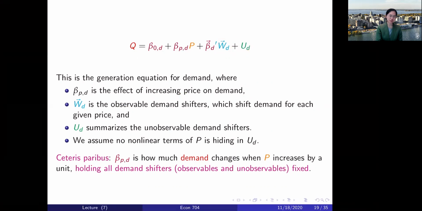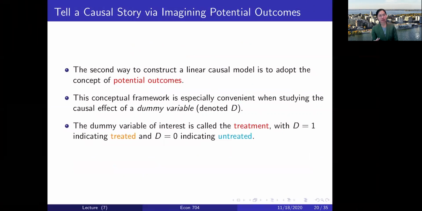And in order to interpret beta PD as the causal effect of price on demand, we also need to assume that there is no nonlinear term of P hiding in the unobservable part, so that it's reasonable to imagine changing P without changing any of the other factors. So this is how you tell a causal story by first constructing a structural model and then reducing it to a linear regression equation.